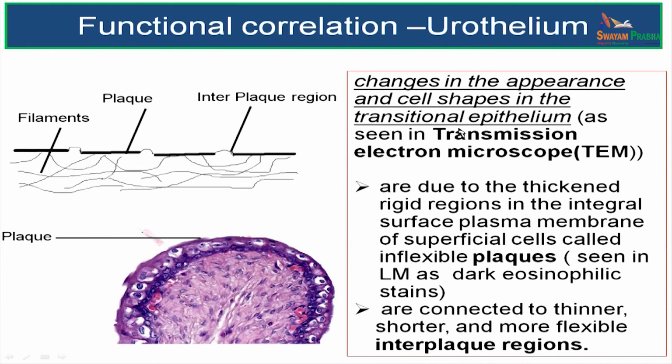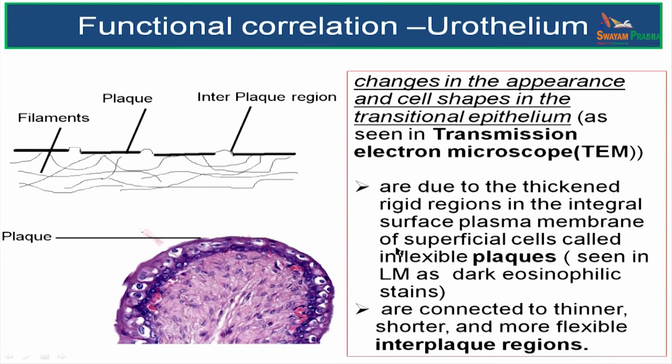When the bladder is distended, the superficial cells become squamous. So, cuboidal cells change their shape into squamous cells. The reason for this can be studied using a transmission electron microscope, called TEM.